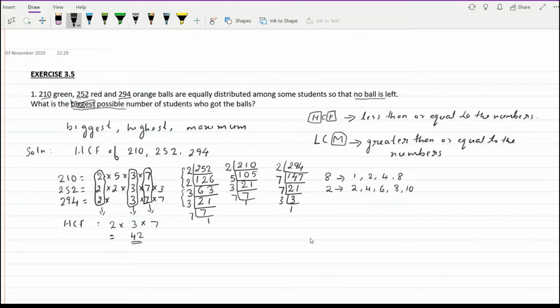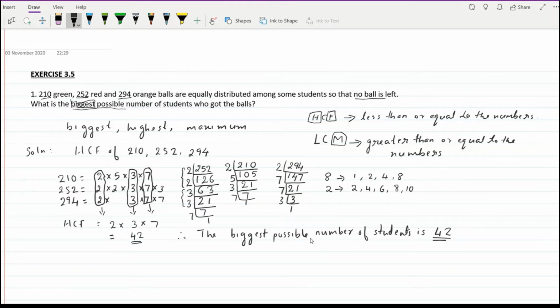Therefore, the last step we can write: the biggest possible number of students possible is 42.